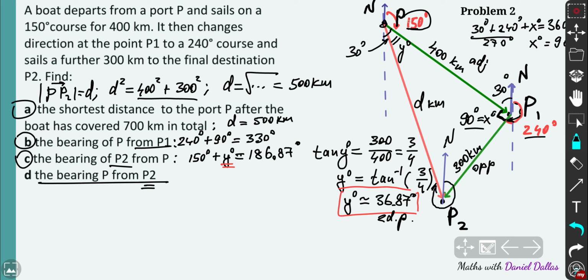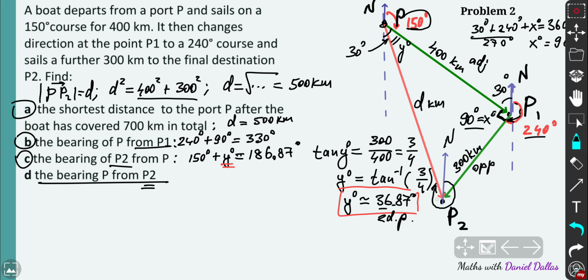Let's have a look at the angle 150 plus the small angle y that we recently found, 36.87. So in total, up to the red segment is going to be the bearing of P2 from P. But this question asks us about the vice versa, so this bearing.